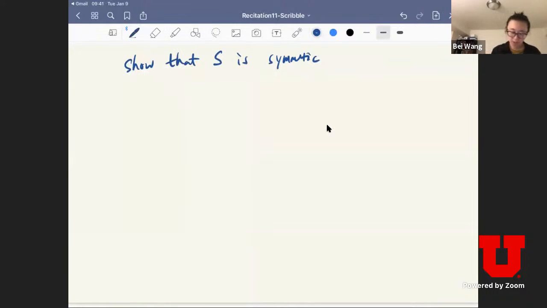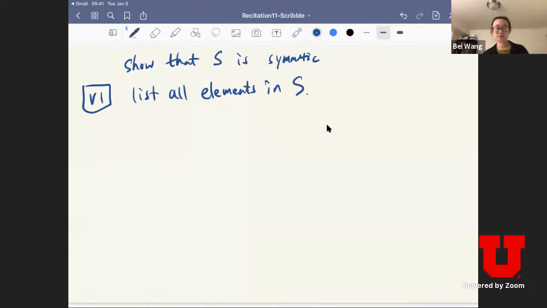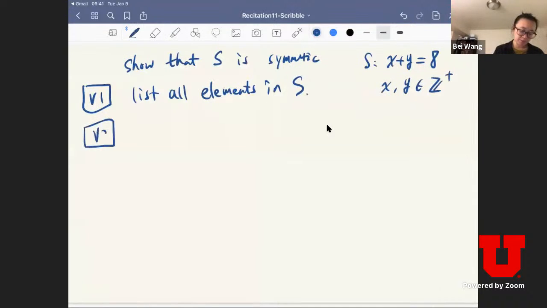First of all, version number 1 is you can list all elements in the relation S. Remember, S is defined by x plus y equal to 8, and both of them have to be positive integers. If I enumerate all the elements, you can see that it's symmetric.